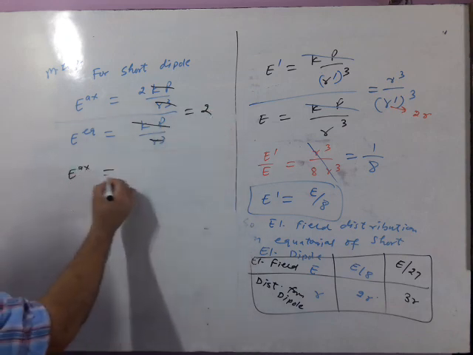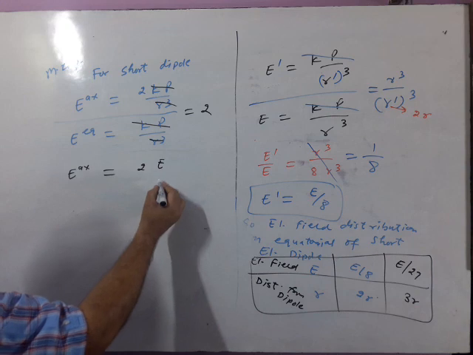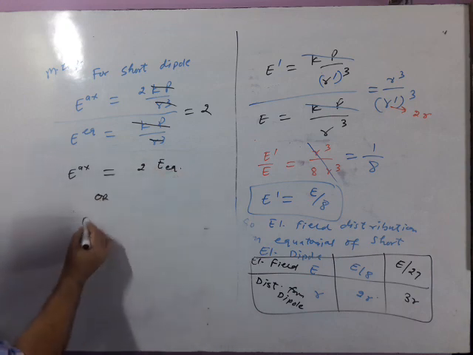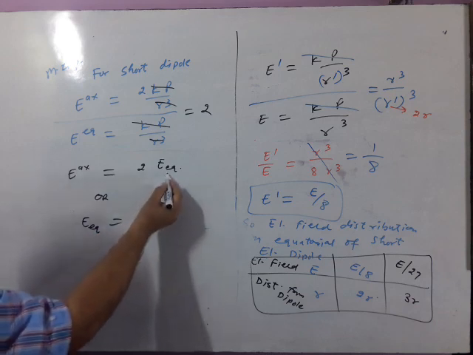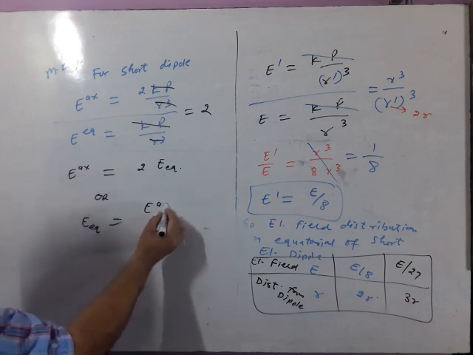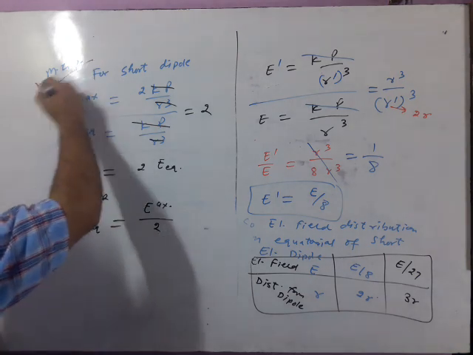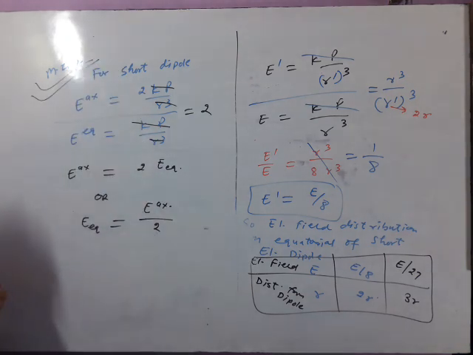So the electric field on the axial line is 2 times the electric field on the equatorial line. Or that can be written as the equatorial line electric field is half of the electric field on the axial line. See, this is the most important derivation as well as reasoning numerical. It may come in your examination for 1 mark.